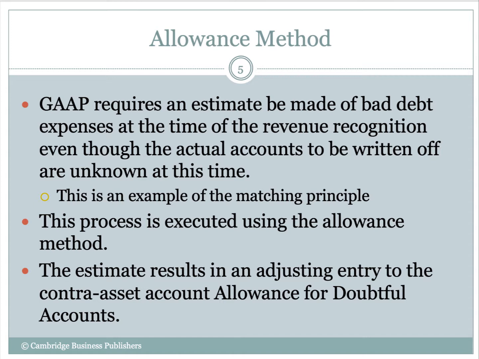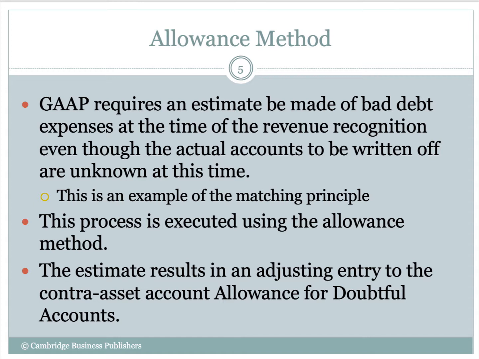Now, the problem is we do not know what the actual amount of the write-off is going to be. We don't know 100% for sure how much of these receivables are not going to be collected. We have an idea, but we don't know exactly.